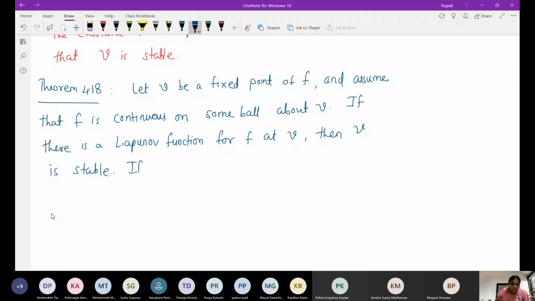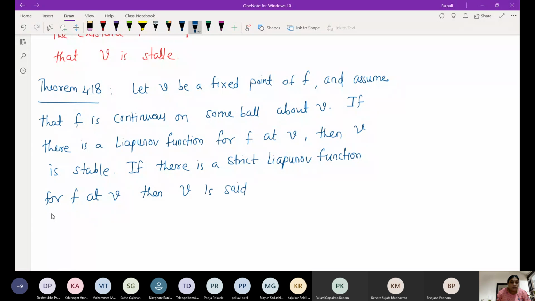If there is a strict Liapunov function for f at V, then V is asymptotically stable.